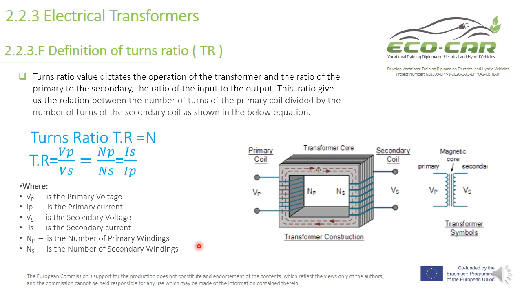So turns ratio equals Vp divided by Vs, but for the current, it is the secondary current divided by IP, the primary current.